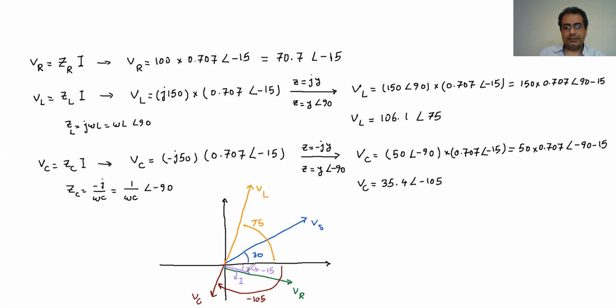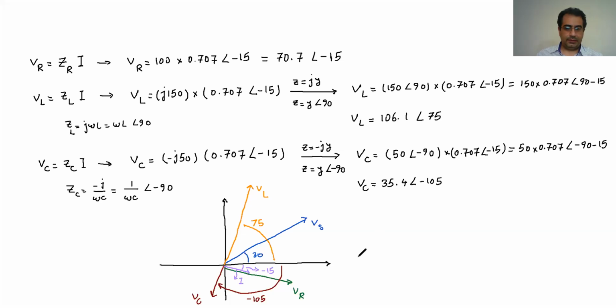So the VL leads the current by 90 degrees. If you look at that, it's the 75 and 105. VC lags the current by 90 degrees. So this is showing the phasors of all these voltages and current for this problem.